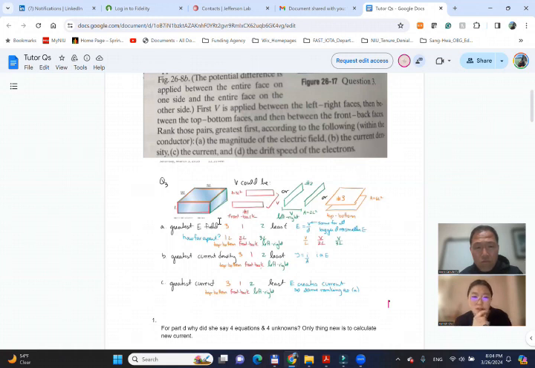the ranking as well? Because then I calculated the different electric fields for each scenario because it's V over D. So the first scenario would be V over 2L. The second one would be V over 3L, and the third one would be V over L. Those are the different electric fields for each scenario.